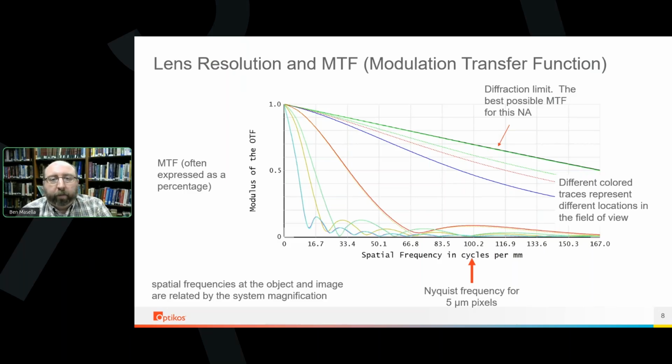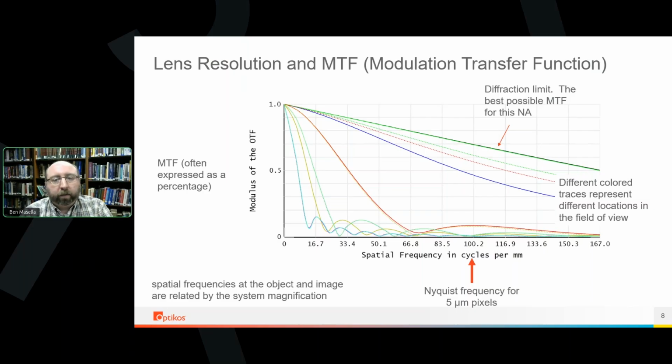So there's a certain range of spatial frequencies contained within any spatial object. And the job of the lens is to transfer that information from one plane to another. And the efficiency with which that happens is effectively the MTF.